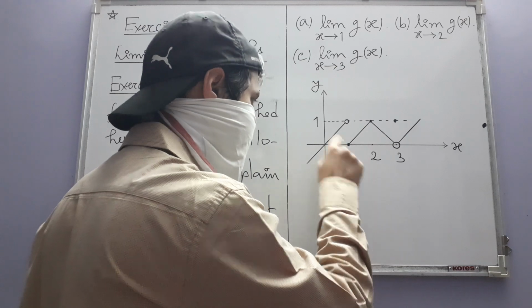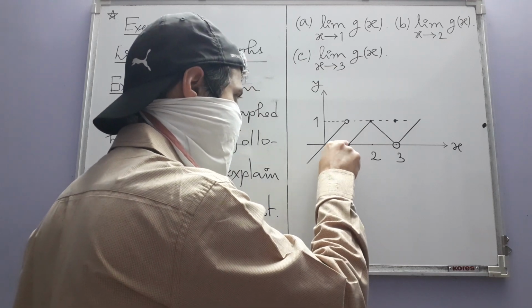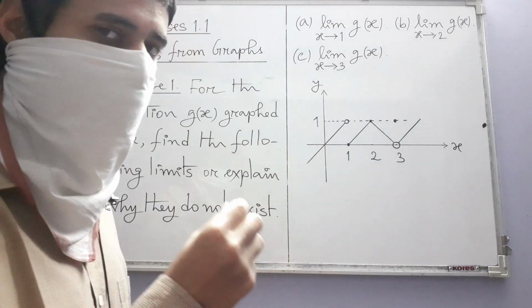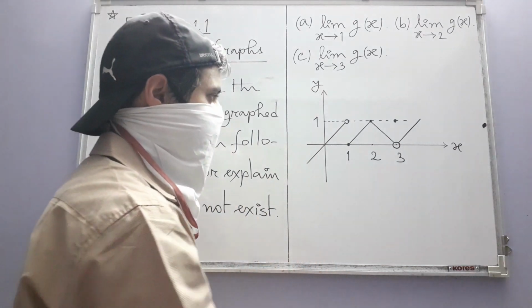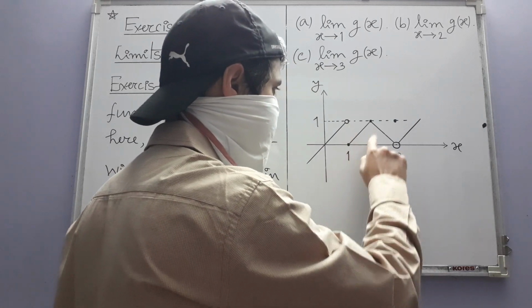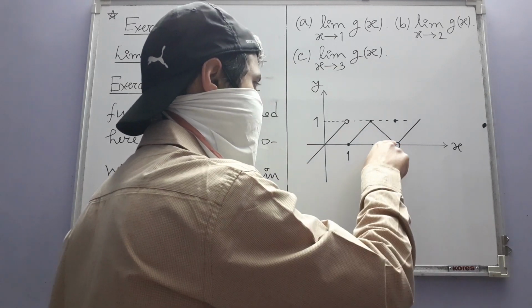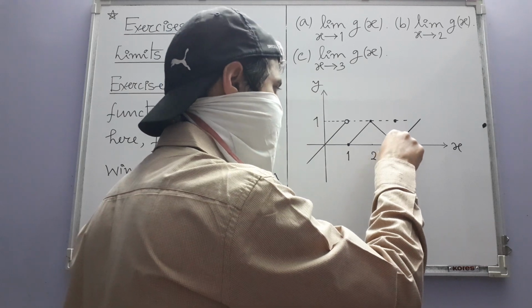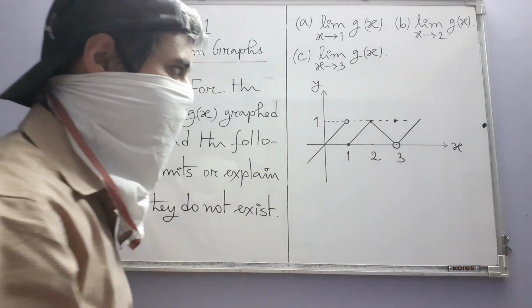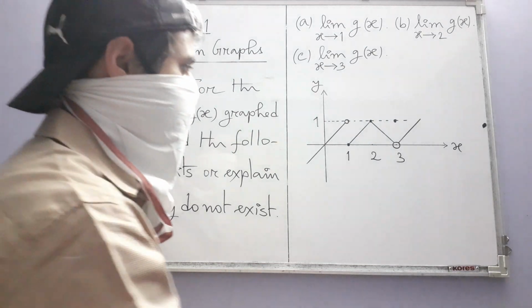At the input 1 itself, the output is 0. In other words, G of 1 is equal to 0. In between 1 and 3 also we have values. At the input x equal to 3, the output is 1. That means G of 3 is 1.